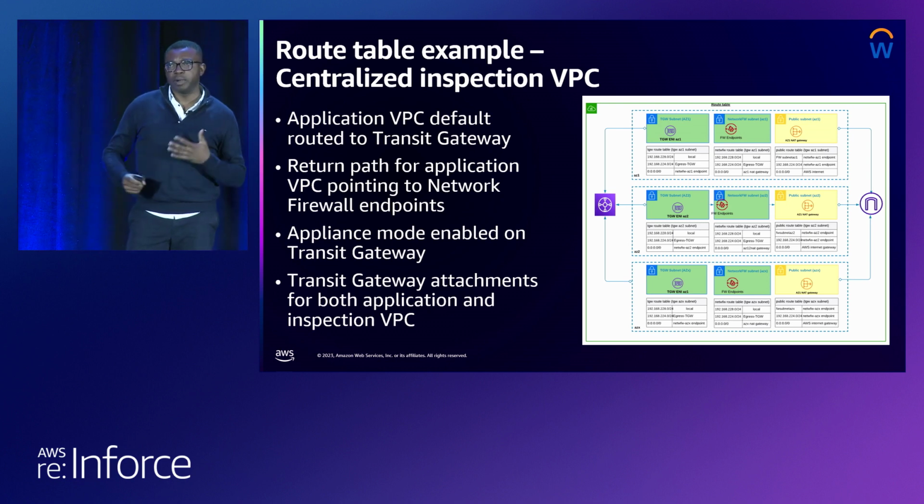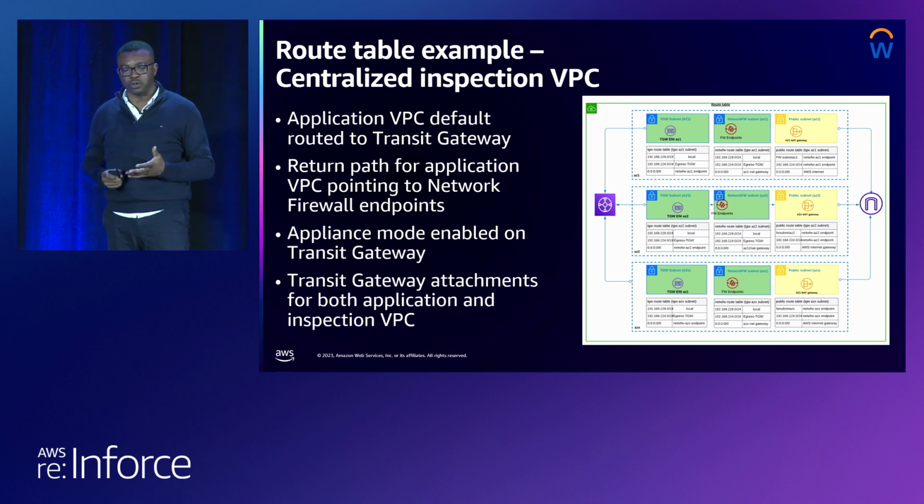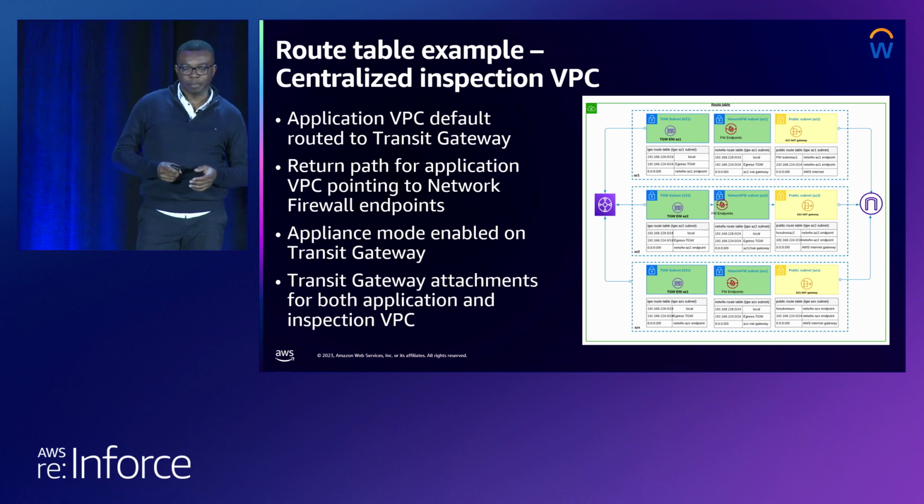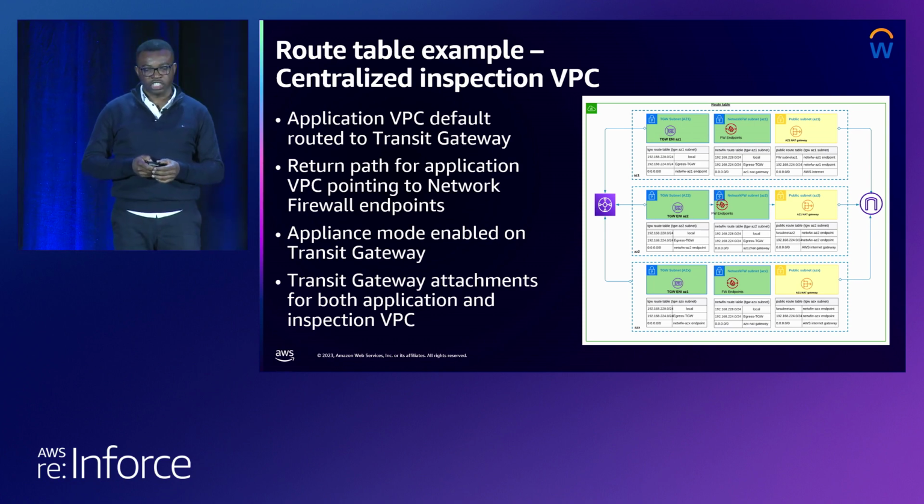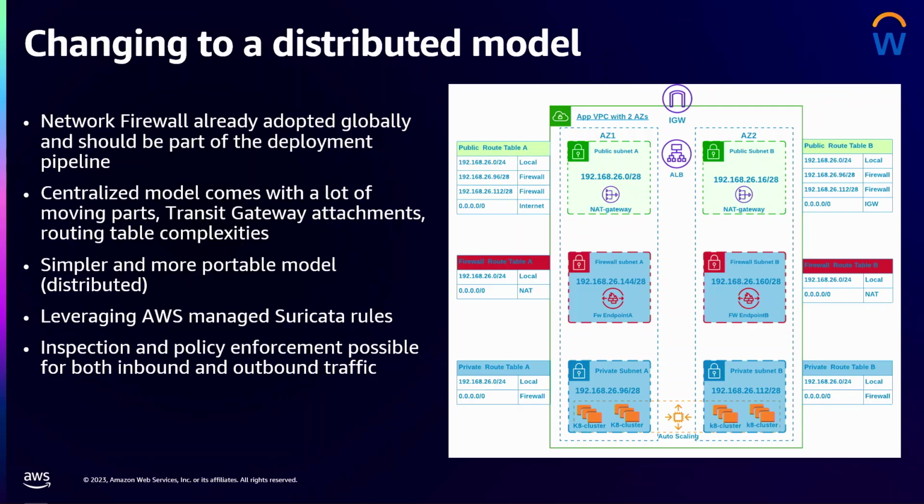The teams that would normally update their network infrastructure did not really adopt this solution initially. So we started thinking about a solution that deploys the network firewall in the same VPC as the application. So we came up with the design of this distributed model.